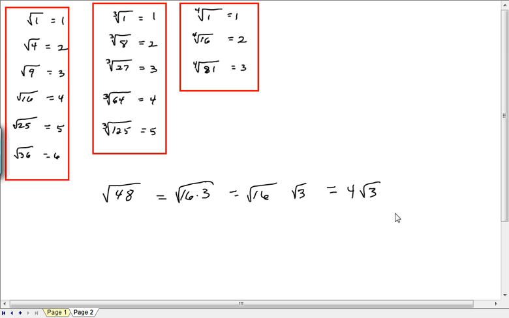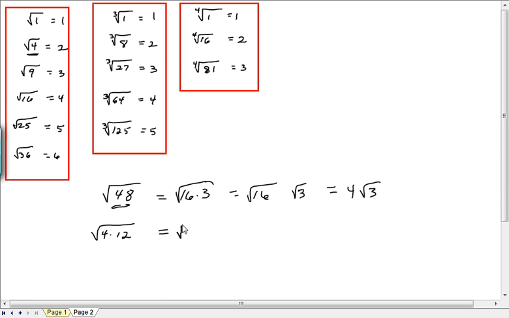Now, you may be asking, what about 4? I noticed that 4 goes into 48 also. Yeah, we could write that as 4 times 12. But I also notice that 4 goes into 12.